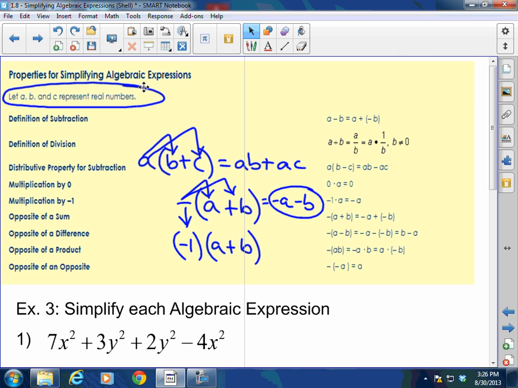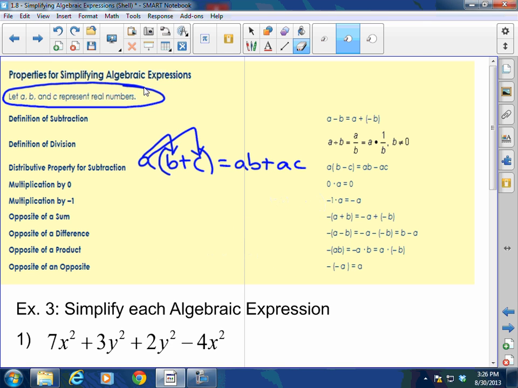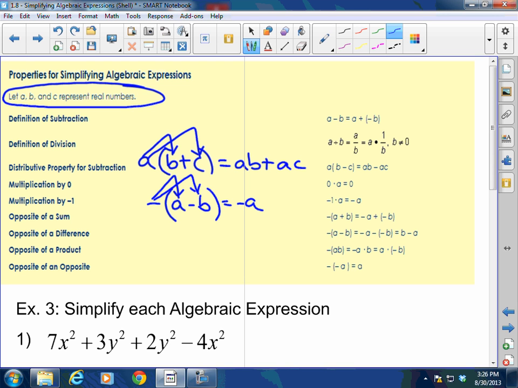The opposite of a difference. It's the same thing. It's basically the distributive property of -1. If I have negative times A minus B, I'm going to have a -1 times A, which equals -A, and a -1 times -B, which equals a positive B. I hope that makes sense.